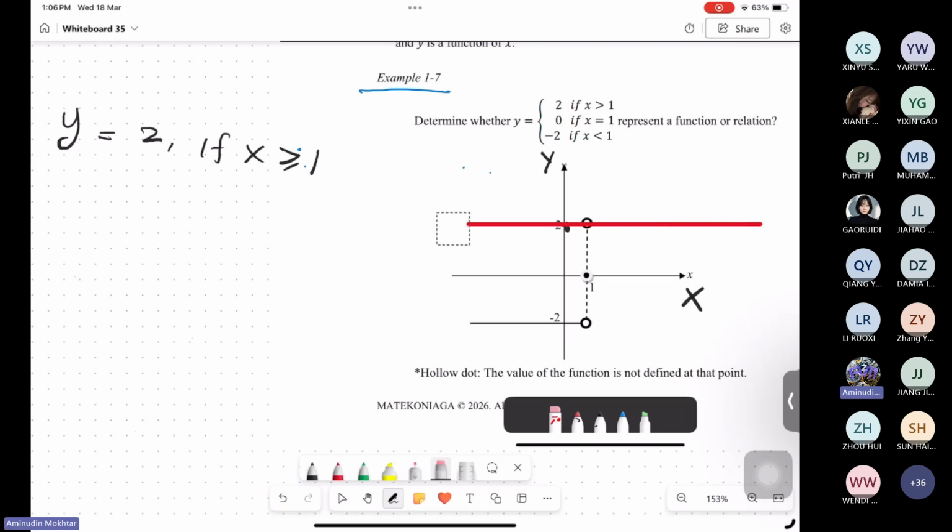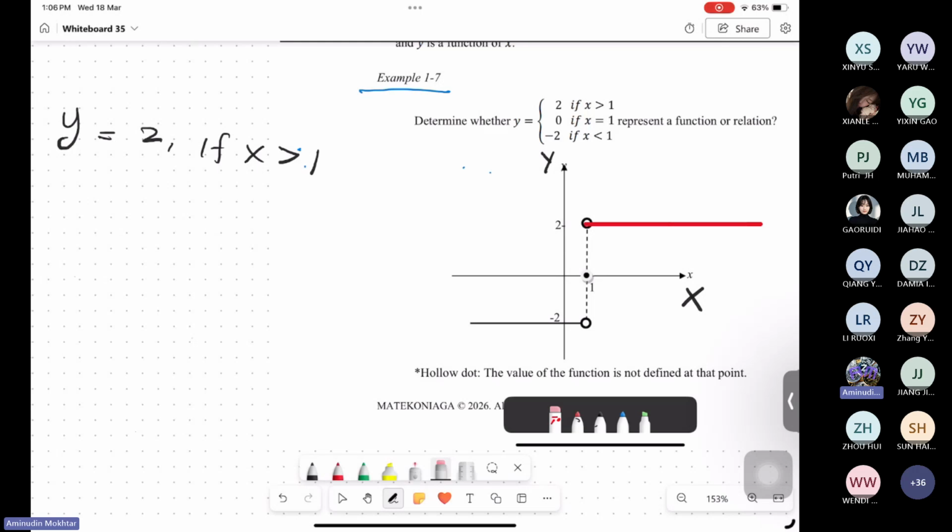This line exists only when x is greater than 1. Now the line is only the red line here.